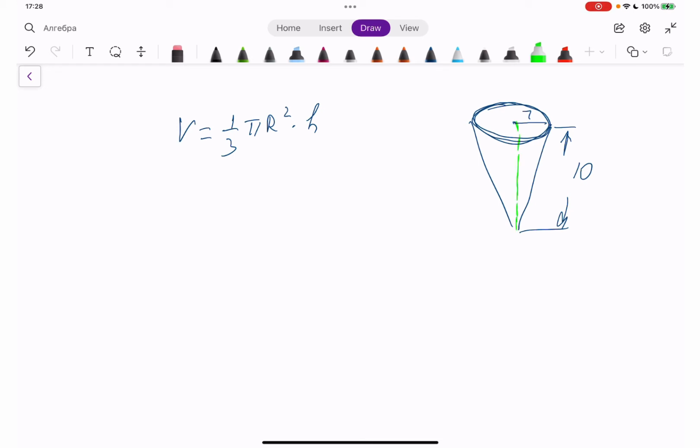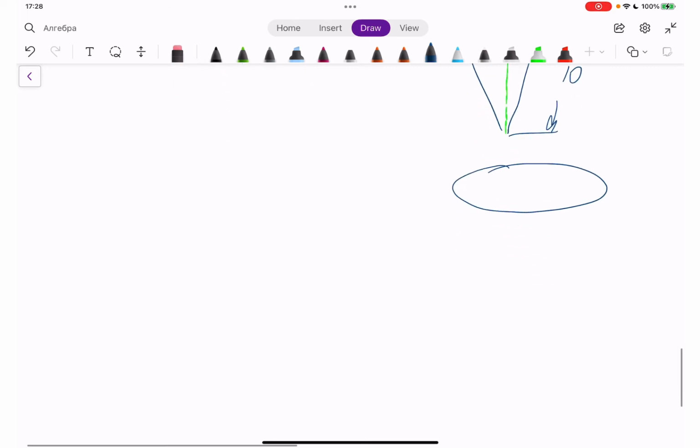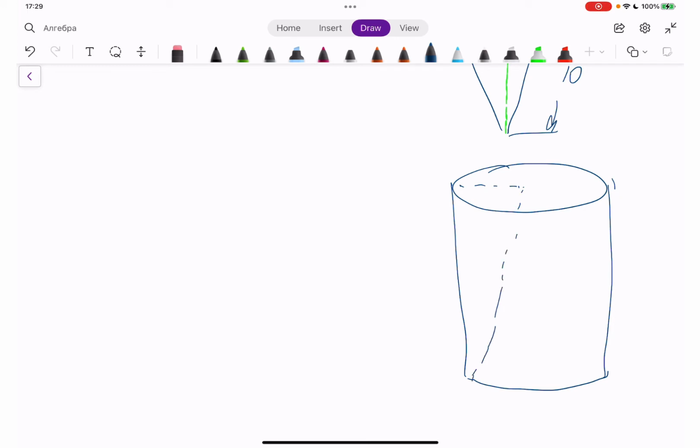Now why 1/3? Very easy, because if we have, let's say, a cylinder, you are going to fit, let me see, practically 3 cones in there.